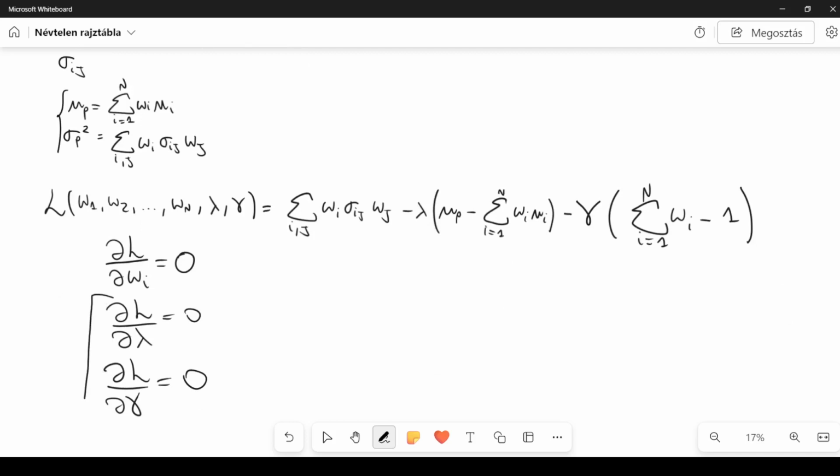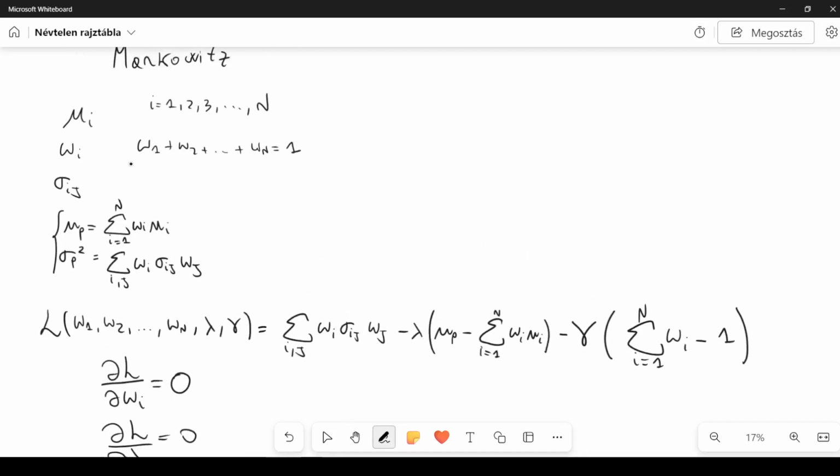So these two equations will simply give us the two constraints. The first one will give us basically this equation here, and the second will give us this other constraint. So basically they are just a different way of writing down the constraints.